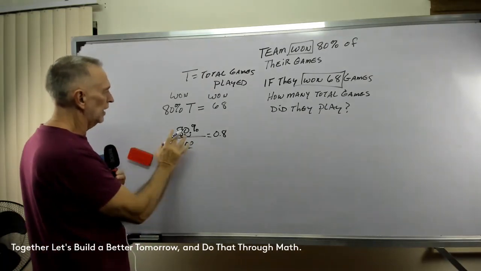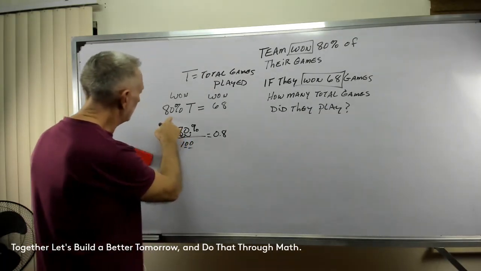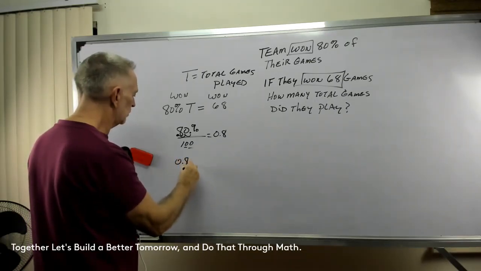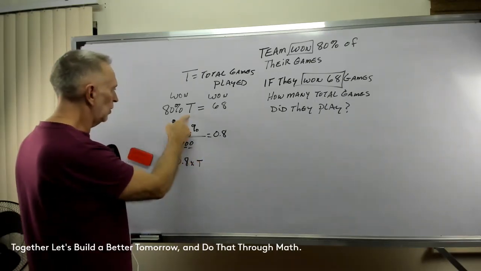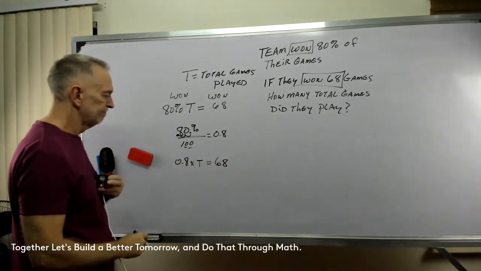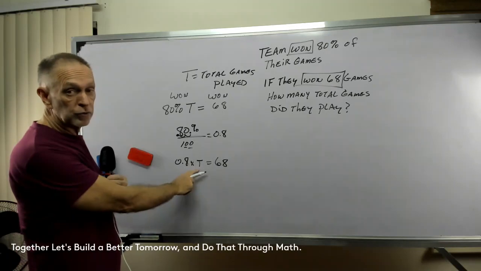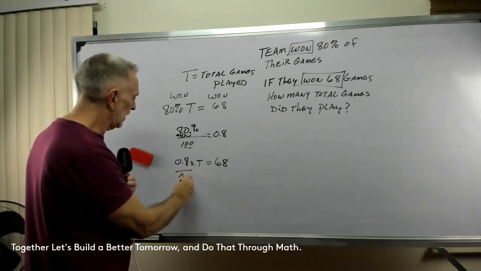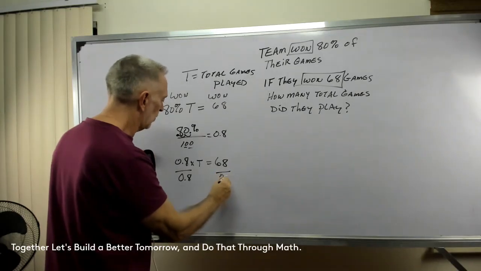All right, so we have that. What does that mean? 0.8 times T, my total, equals 68. Well, I want to solve for T only, so I'm going to divide both sides by 0.8.